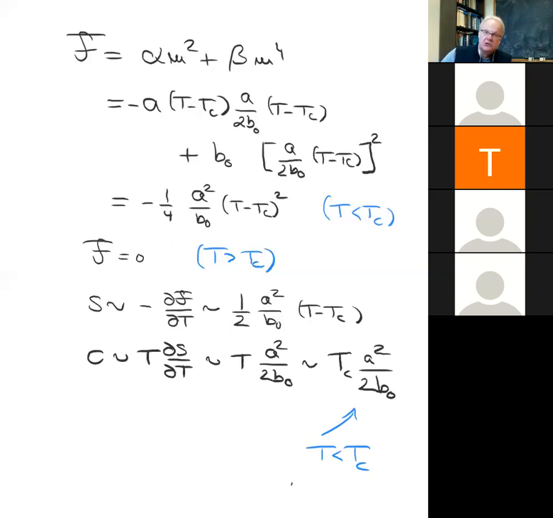Okay, so what the theory somehow predicts is that in the specific heat below Tc, there is some kind of constant contribution which is absent above Tc. So this theory predicts some kind of discontinuity in the specific heat as a function of T. It predicts that there is something below Tc and nothing above Tc, that there is some finite jump.